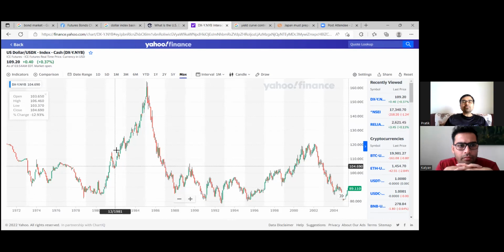Now, if you think about these currencies, they basically move in tandem with central bank policy. One major event happened in 1981: the Federal Reserve chair at that point of time, Paul Volcker, stated that we will have to increase the rates pretty substantially, and they started raising the rates pretty substantially because they wanted to control inflation.